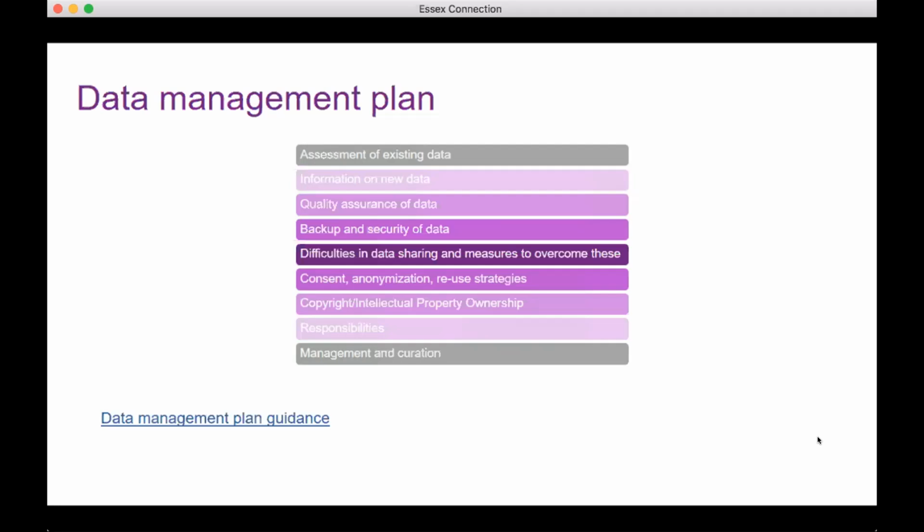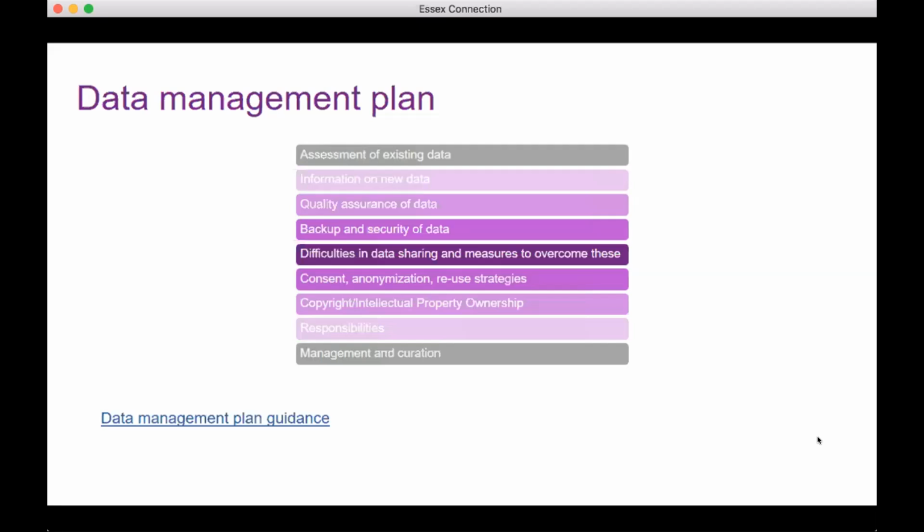The DMP should also describe in detail how you're planning on going about collecting this new data and from who, etc. So what is your population of interest? This is linked to procedures you'll need to set in place to ensure that the new data collected meets certain quality standards. So how this data will be stored, of course, securely, and where it will be backed up to avoid any data loss.